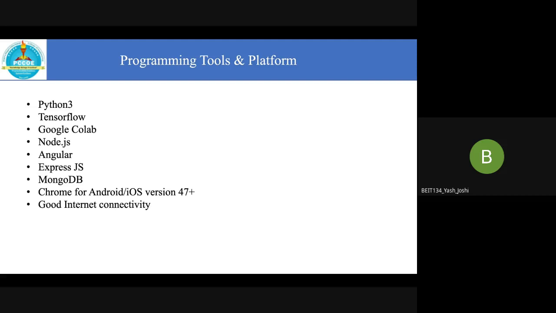This is the training part, and for development of the application which a user can easily use, we are using Node.js, Angular, Express.js, and MongoDB as a database. Express is used to develop APIs, and for the app to run, we require just that it should support Chrome with version greater than 47 and good internet connectivity.